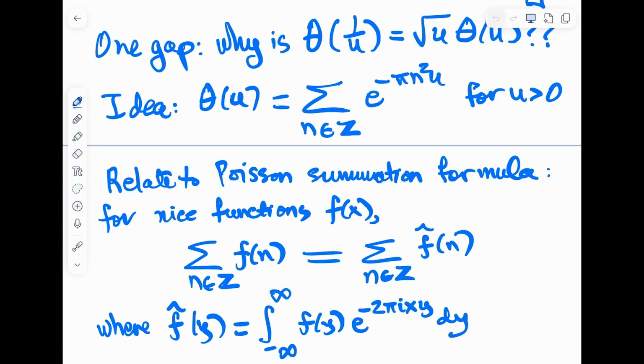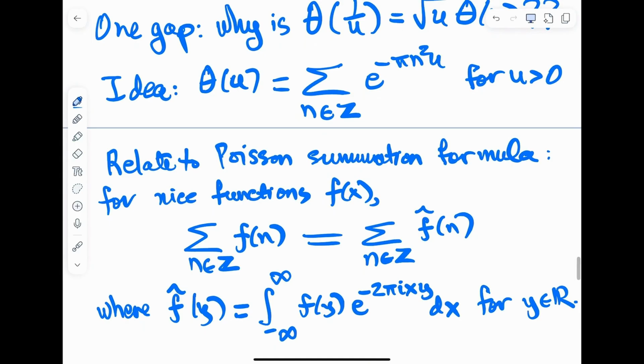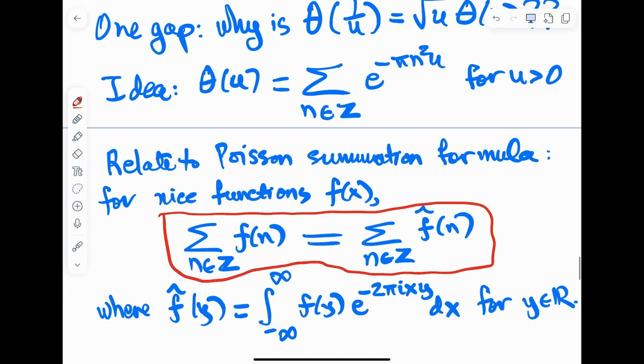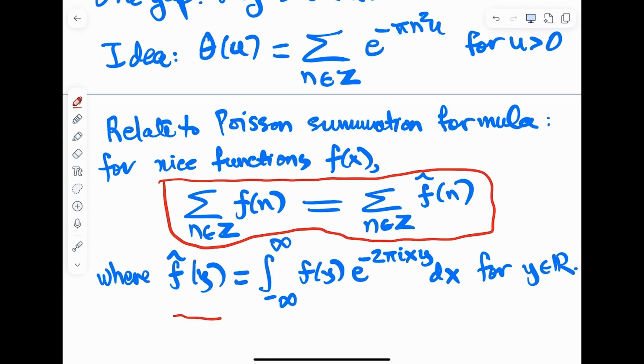Whoops, sorry about that. All right, so let's try to parse what's happening here. This is the Poisson summation formula here. And here's the definition. The Fourier transform, you start with the function f on the real line.